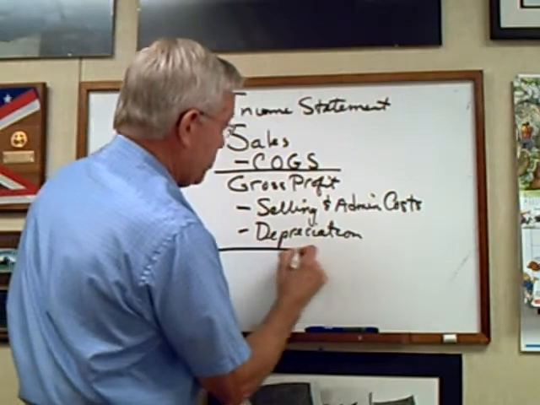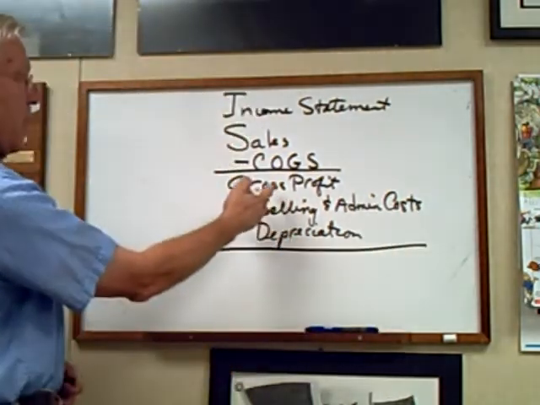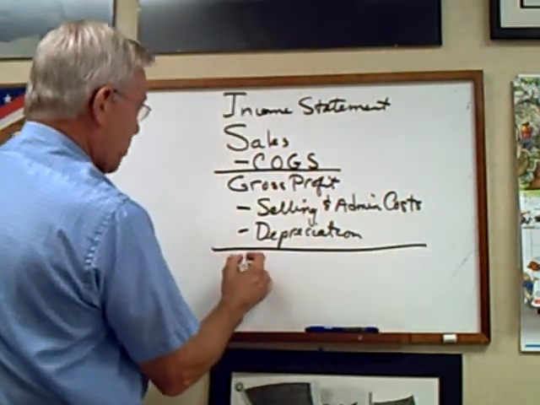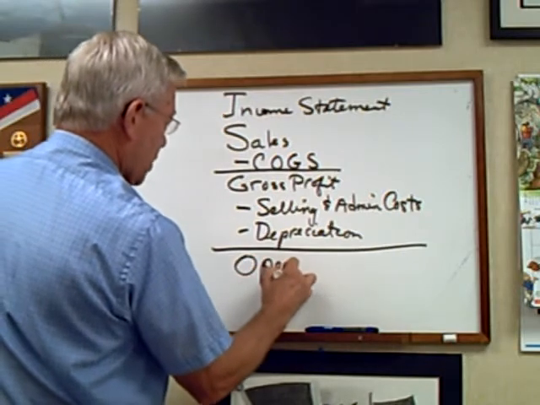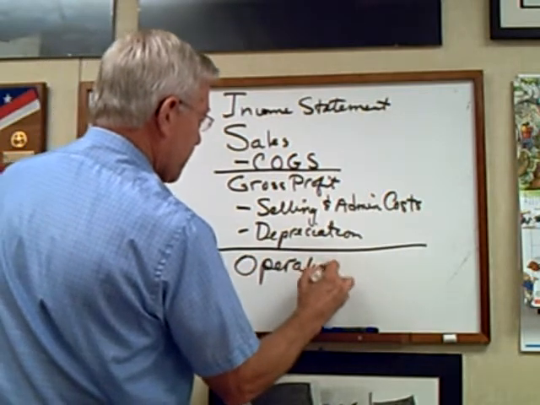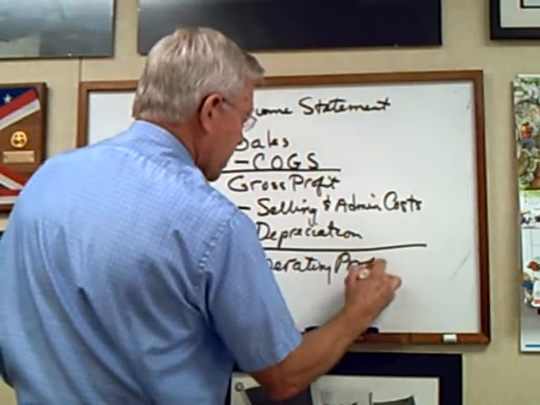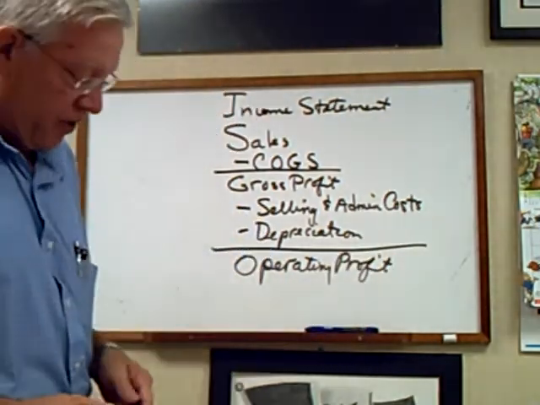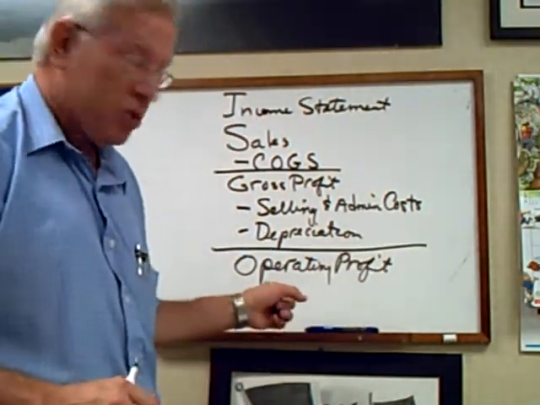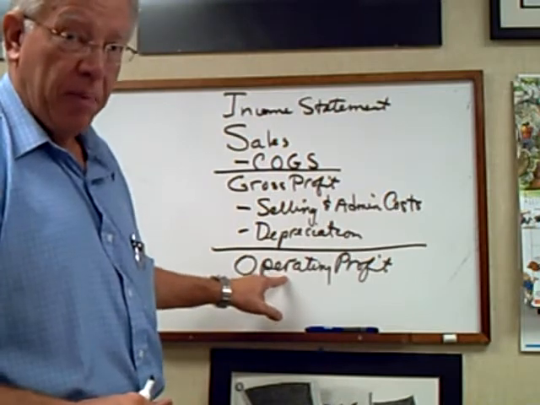And when we get depreciation and selling and admin taken off the gross profit, we have what is called operating profit. Operating profit is known by many other names, but it's still operating profit.